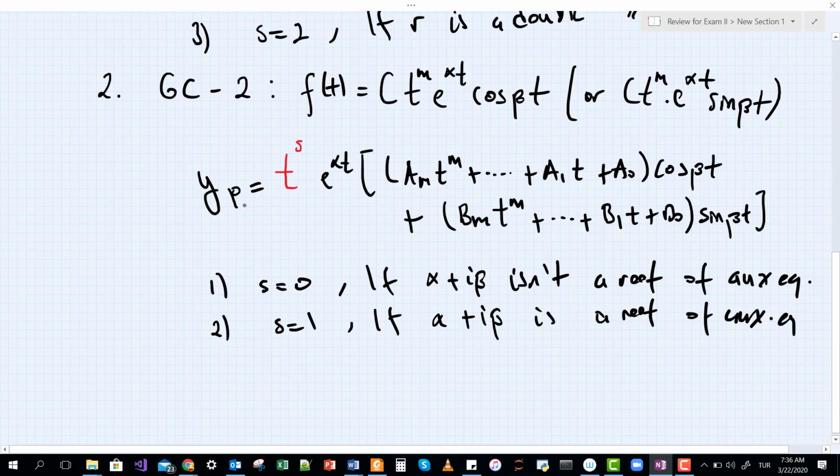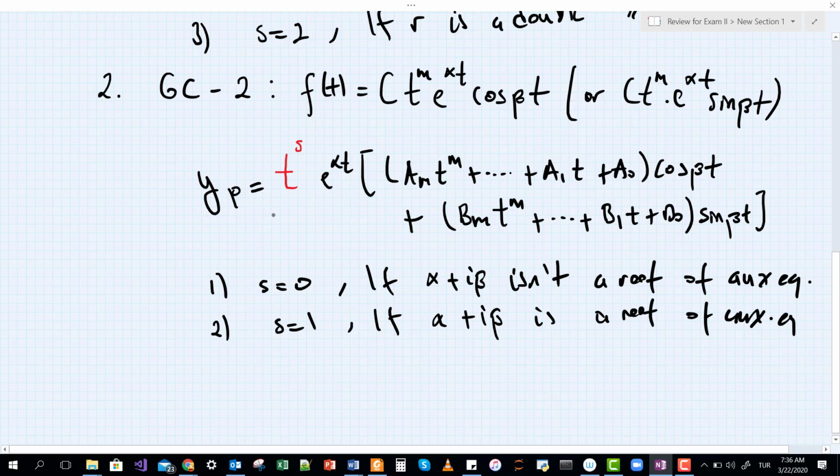That's great. But we said, if you remember, there is not going to be any exception about this extra term. From now on, there is no other rule except GC1 and GC2. GC1 and GC2 are the main rules we need to use to solve the second order non-homogeneous differential equation. So every time you have a second order differential equation, you need to check if you need this extra term.